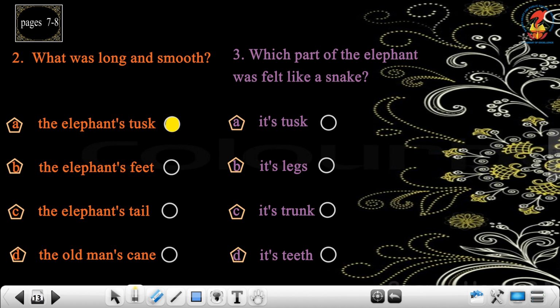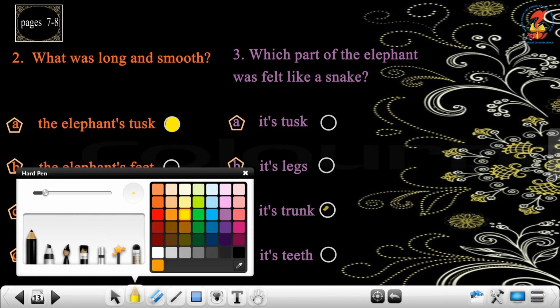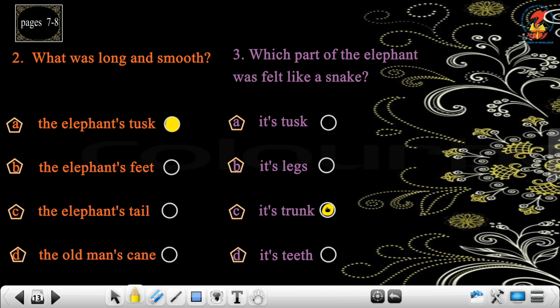What was it? Its tusk, its legs, its trunk, and option D, its teeth. Which part of the elephant was felt like a snake? Option C, trunk. So take out your pencil and color the portion trunk.